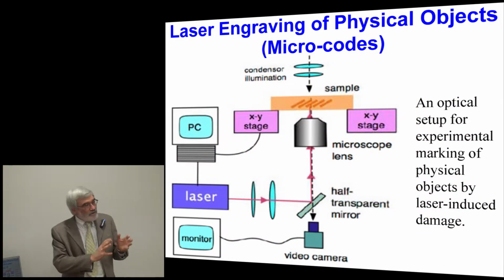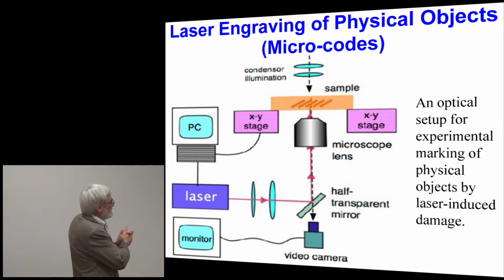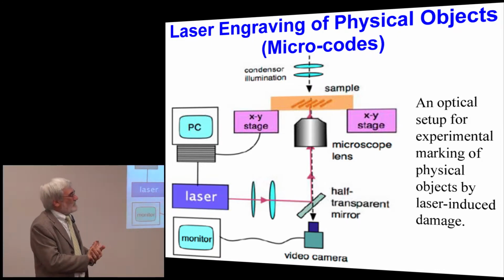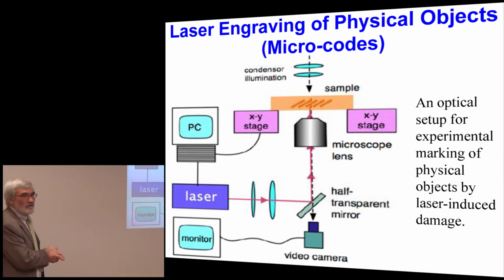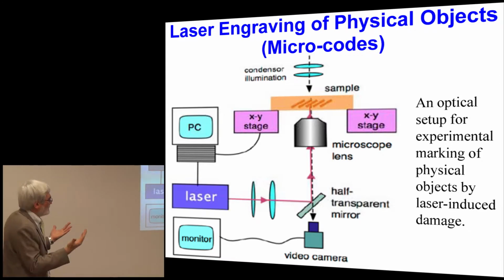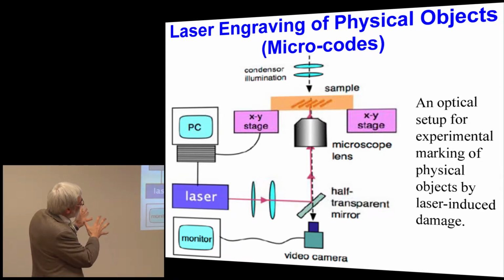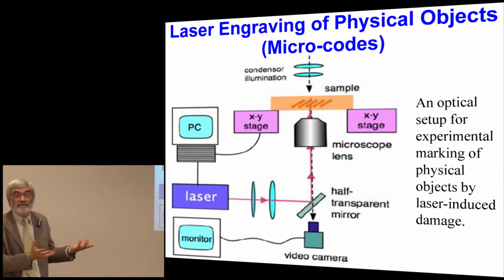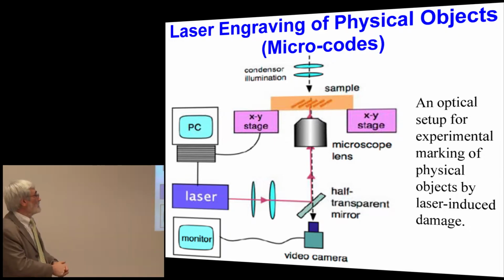So, when it comes to technical details, how can we actually blend this kind of digital codes within the surfaces of natural objects? There are different technologies. One of the technologies we actually use is laser marking, or encoding, or engraving.